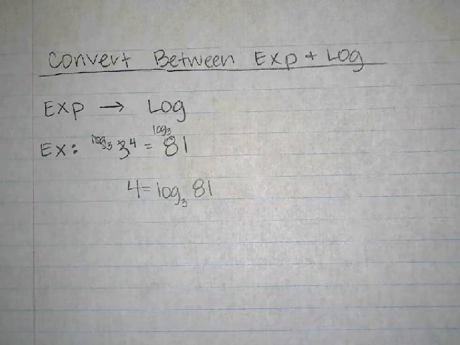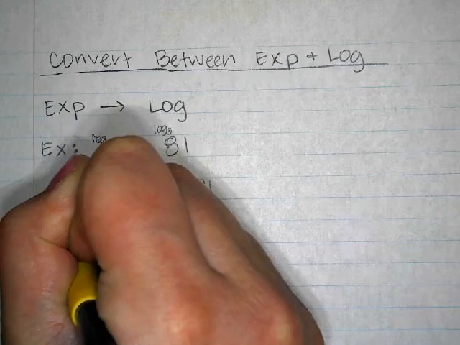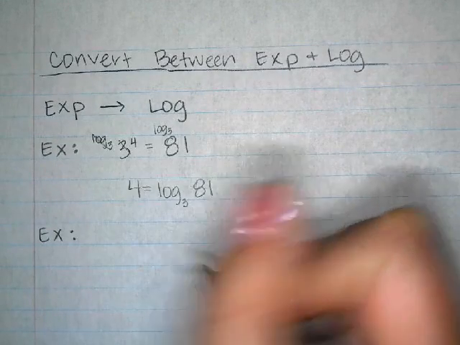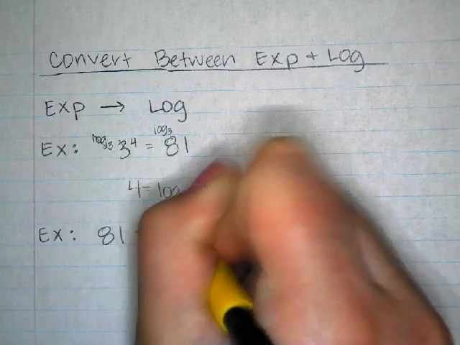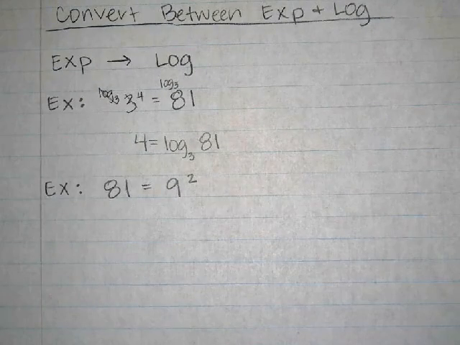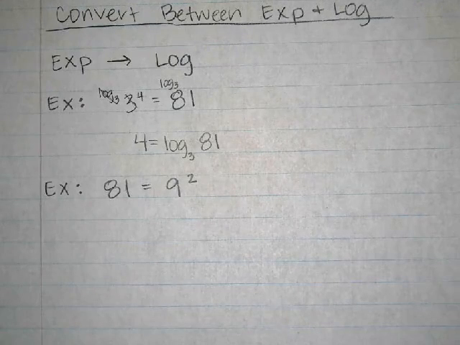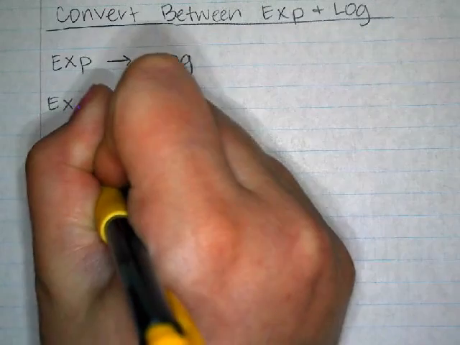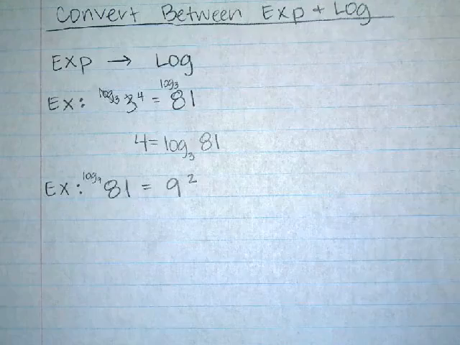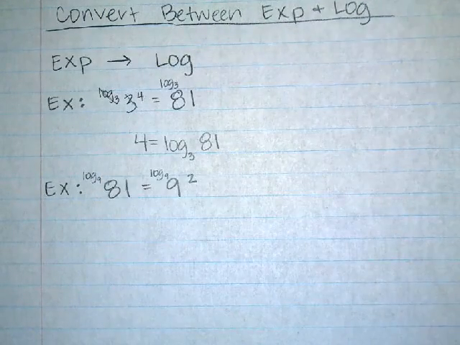For this one, I'm going to write 81 equals 9 squared. So what is the base of the exponential problem? 9. So what base should I use with my log? 9. So I'm going to do log base 9 on both sides. Because log and exponential are inverses of each other, they're going to cancel each other out.